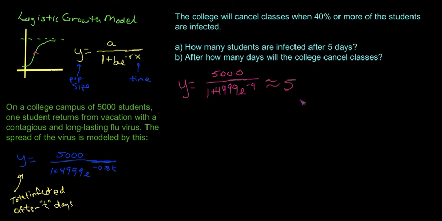So once we've got everything substituted in, it just becomes calculator work on this problem. So one student comes back to campus with this flu virus, it only takes 5 days, and all of a sudden we've got 52 or 54 people infected.